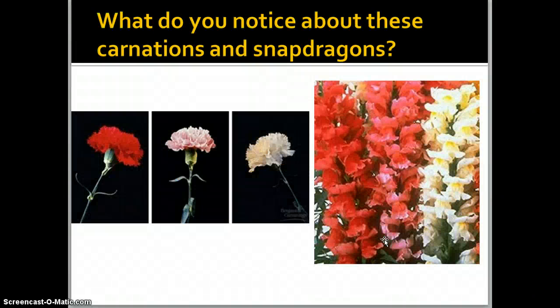When you look at these flowers right here, what do you notice about these carnations and snapdragons? Hopefully you're able to see that you have red, you have white, and you have this intermediate, this pink that's in between each of the parents.